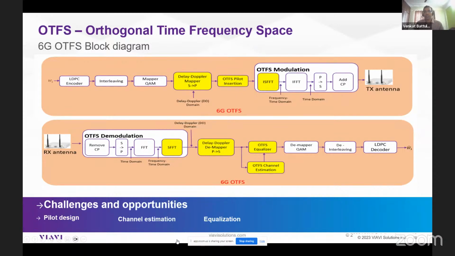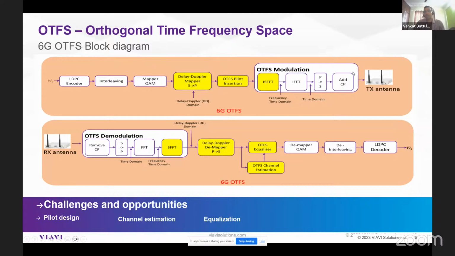So OTFS, you can think of it as multi-carrier OFDM. Basically it's OFDM, and we have a small transform domain built on top of the OFDM. So that's where we look. You can see here, on the top block, from the right side we will describe: add CP, parallel to serial, IFFT.